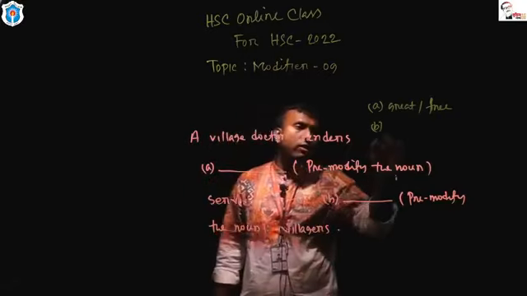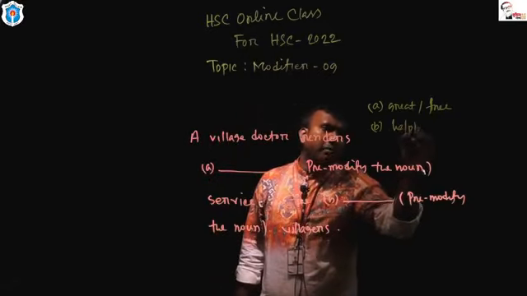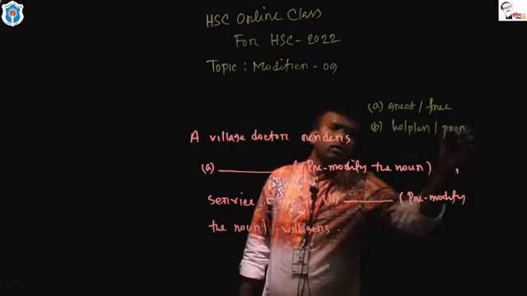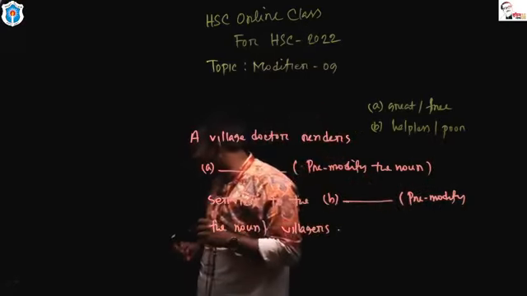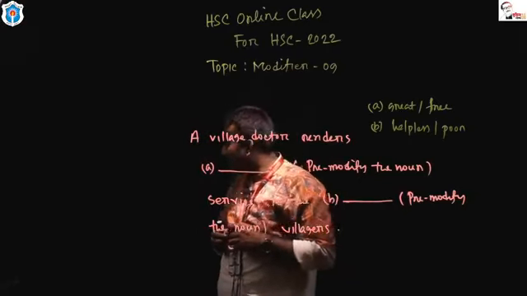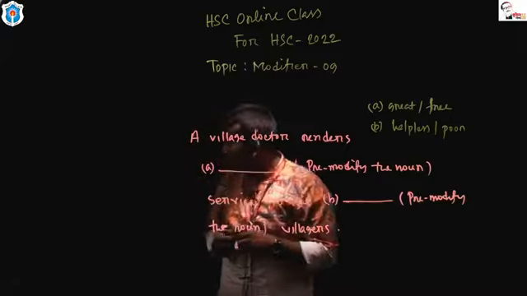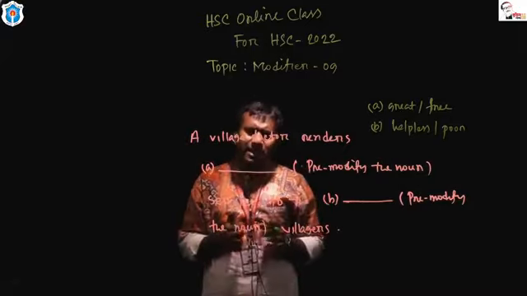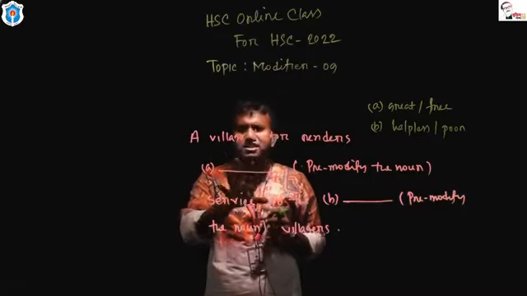Here you can say helpless, you can say poor. Anything else, my dear students? What are the other answers? Hurry up. You can write a lot of adjectives here, but your adjectives must be relevant to the sentence.